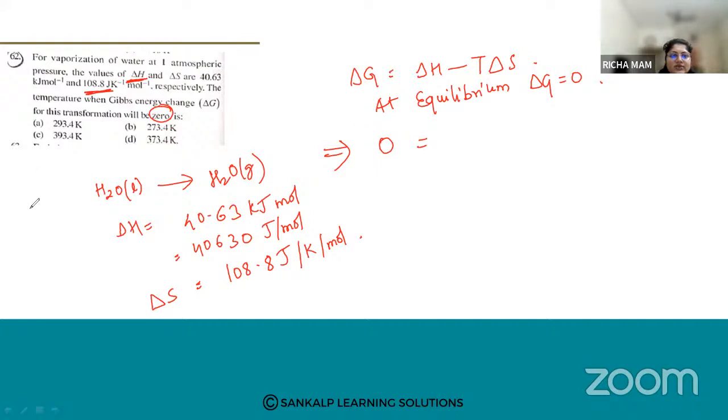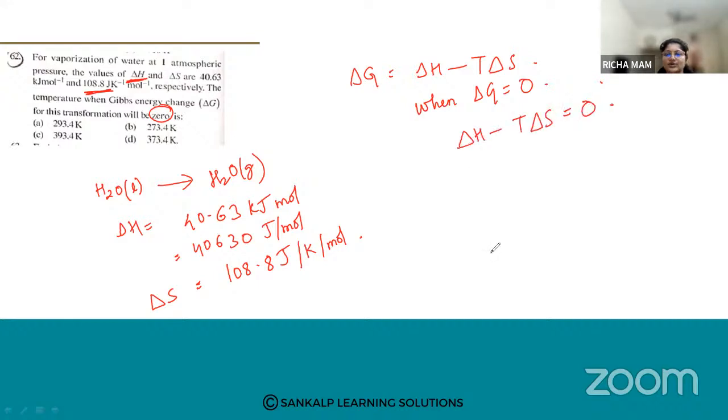So we have this equation: delta G is equal to delta H minus T delta S. When your delta G is 0, then delta H minus T delta S also will be 0. So T is equal to what?